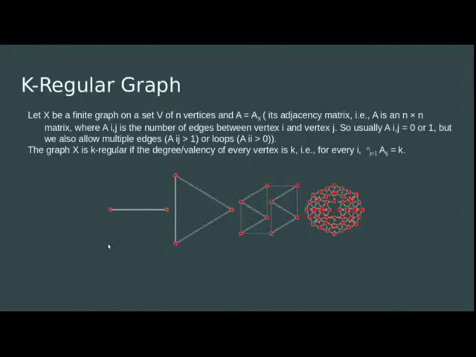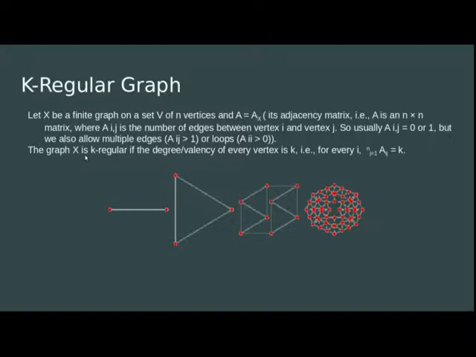Now, before going into more details of expander graphs, we'll see what the term regular graph is. Let X be a graph on a set V of vertices and A be an adjacency matrix on the vertices, whose entries are usually 1 or 0 depending on whether an edge is there or not, but may be more than 1 because we allow multiple edges and loops.